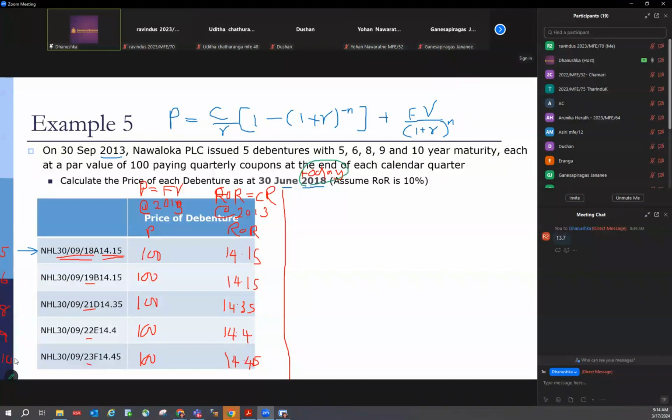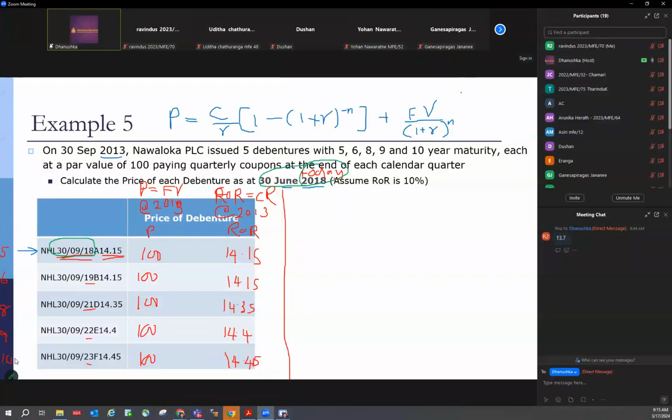One more quarter, yes. Because it is maturing on 30th of September 2018, and today is 30th of June 2018. One more quarter to mature.